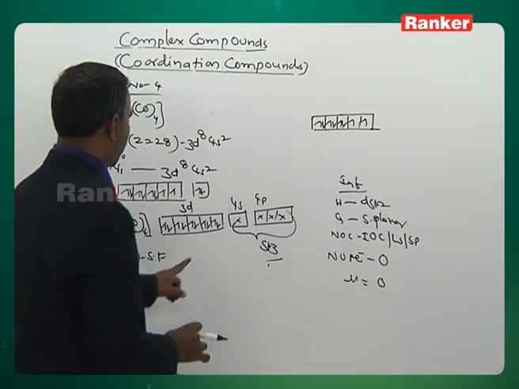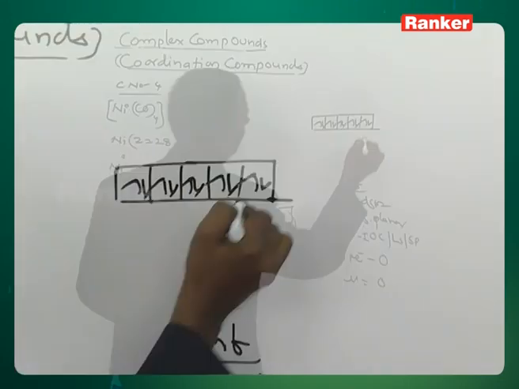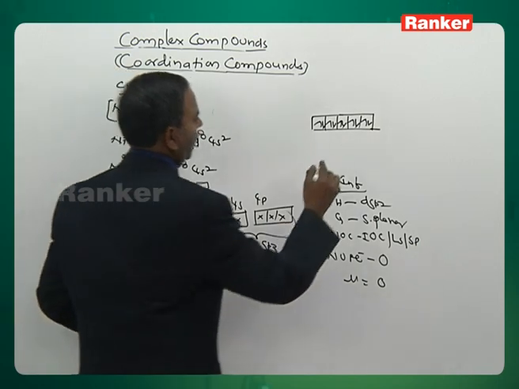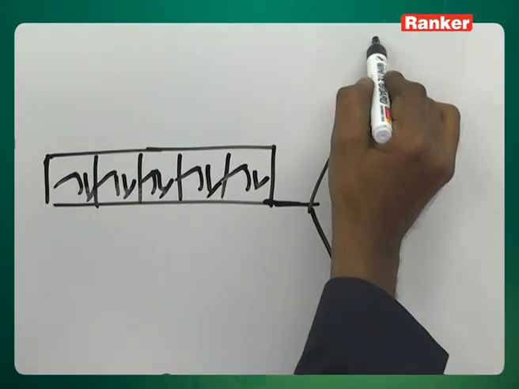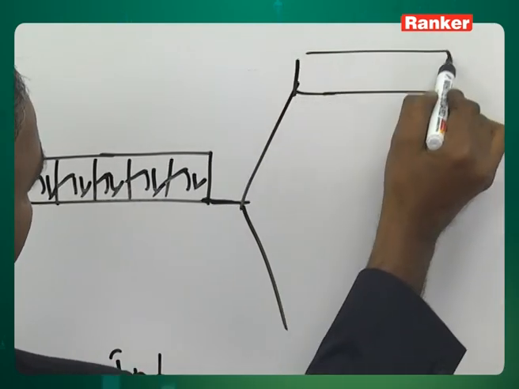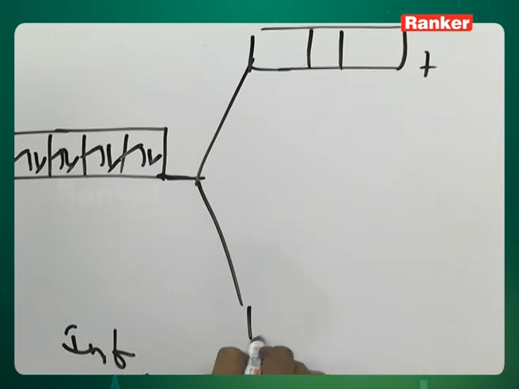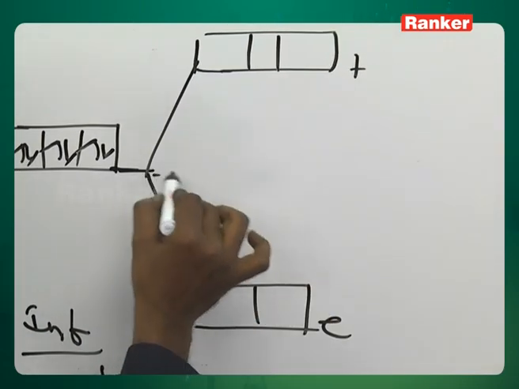In this, d is now carrying 10 electrons. I am writing 10 electrons in these d orbitals. Then how is the splitting taking place? Consider tetrahedral splitting. This higher energy level, you know, is the T2 set of orbitals in tetrahedral, let me say T, and the lower energy level is the E set of orbitals.